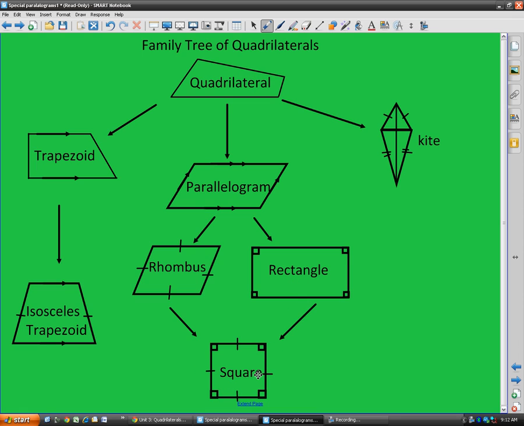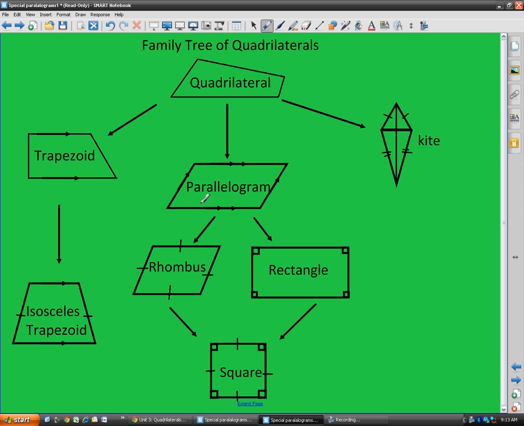So in this case, if we go up, a square is always a rectangle and a parallelogram. A square is also always a rhombus and a parallelogram, which also falls in the quadrilateral category. So as you go up, it's an always. As you go down, it's a sometimes.